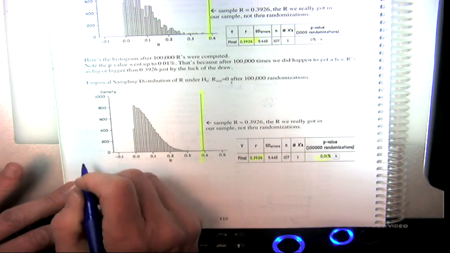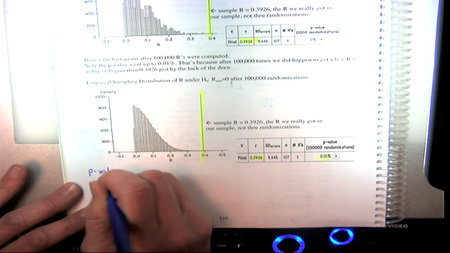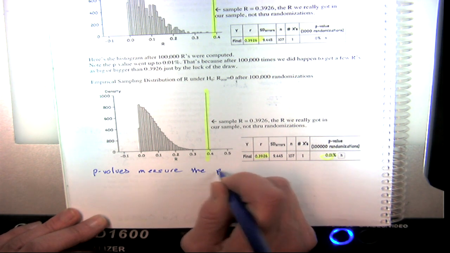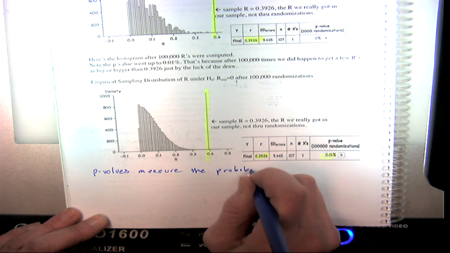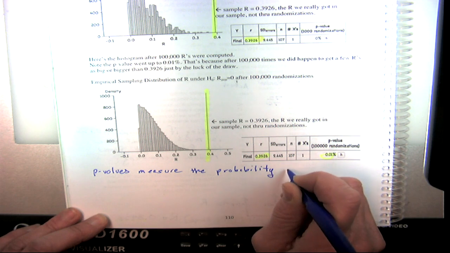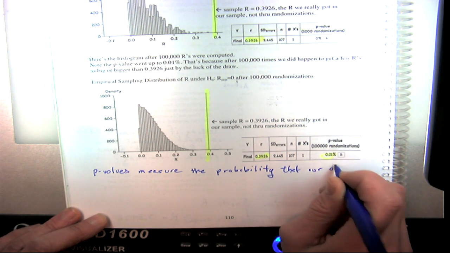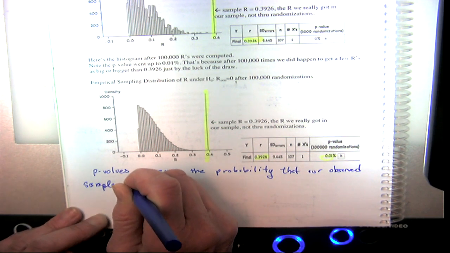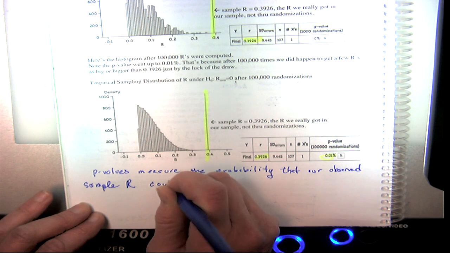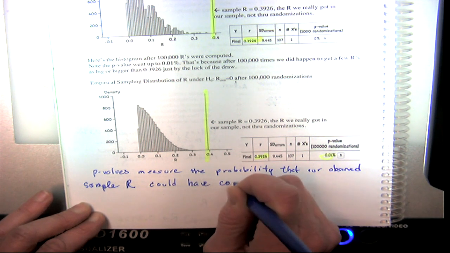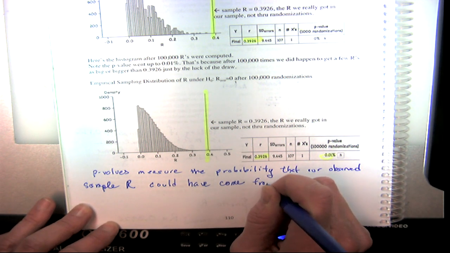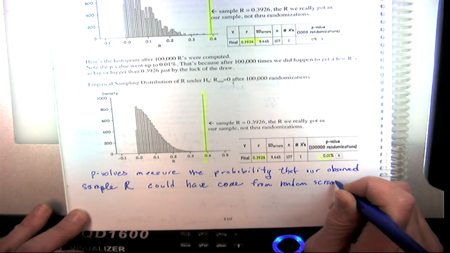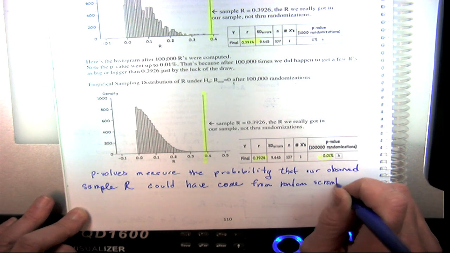So this p-value, and p-values always mean this, p-values measure the probability that our observed, what we saw in our sample, the actual sample R, could have come from the randomizations, from random scrambling.